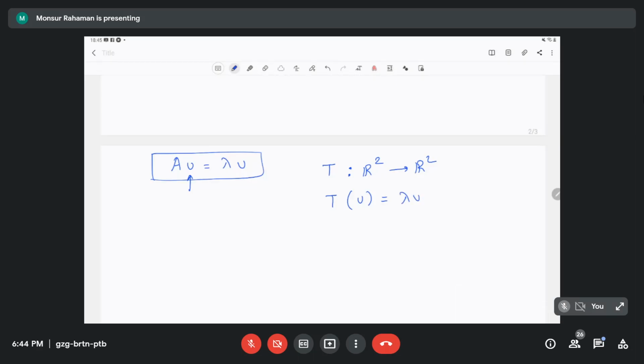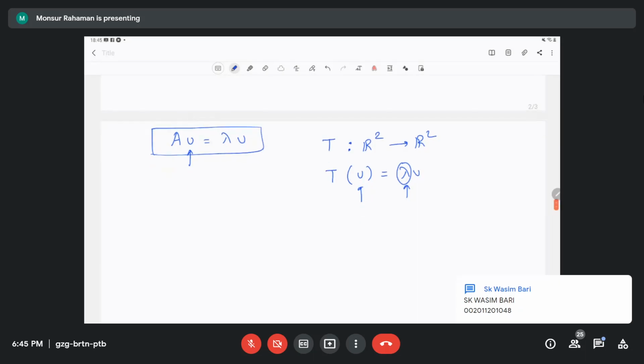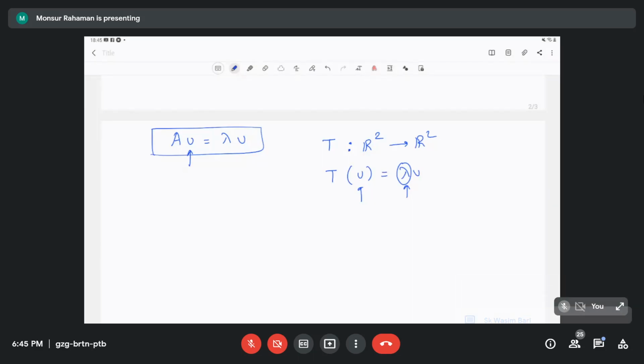Okay, so this is the eigenvector, and this is the corresponding eigenvalue. In the same way, you can say this is the eigenvalue and this is the corresponding eigenvector. Okay. So this is the same definition.